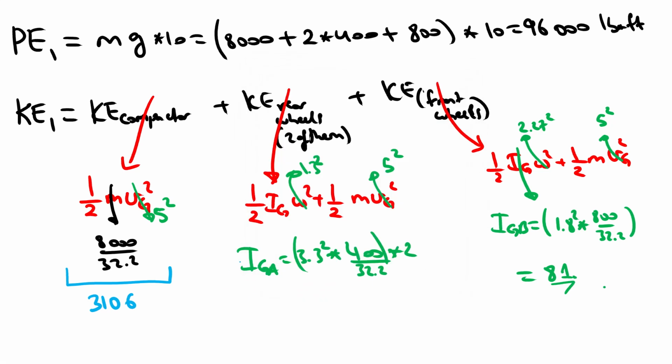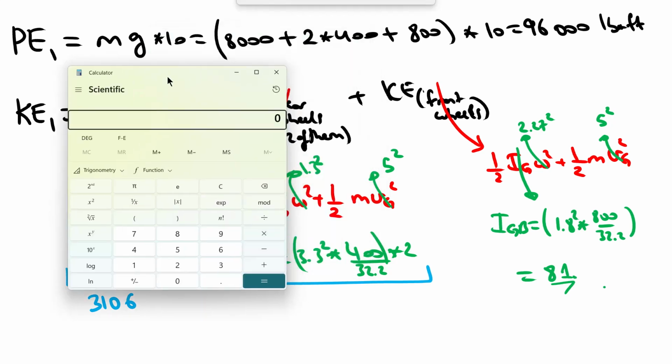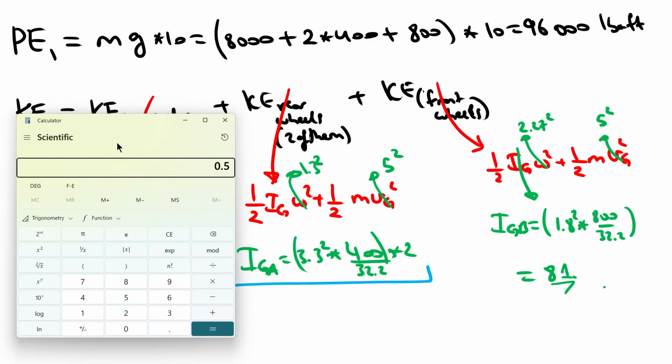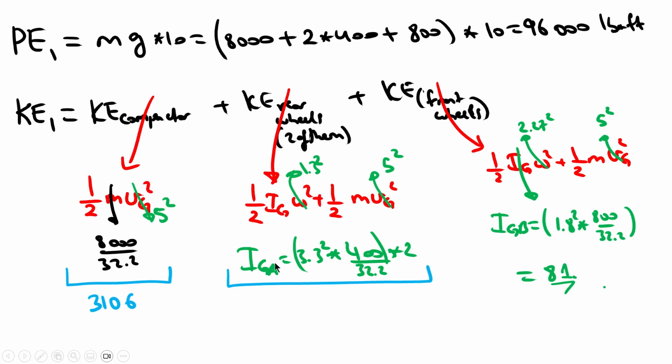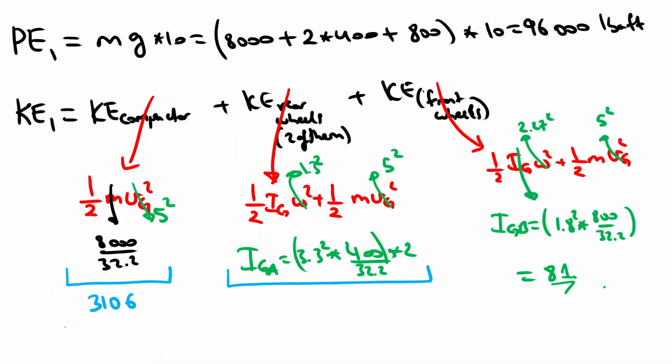Next term: 0.5 times Ig. I believe I calculated the Ig value and then deleted it by mistake. So 3.3 times 3.3 times 800 divided by 32.2. That makes 271. So this is the Ig value.